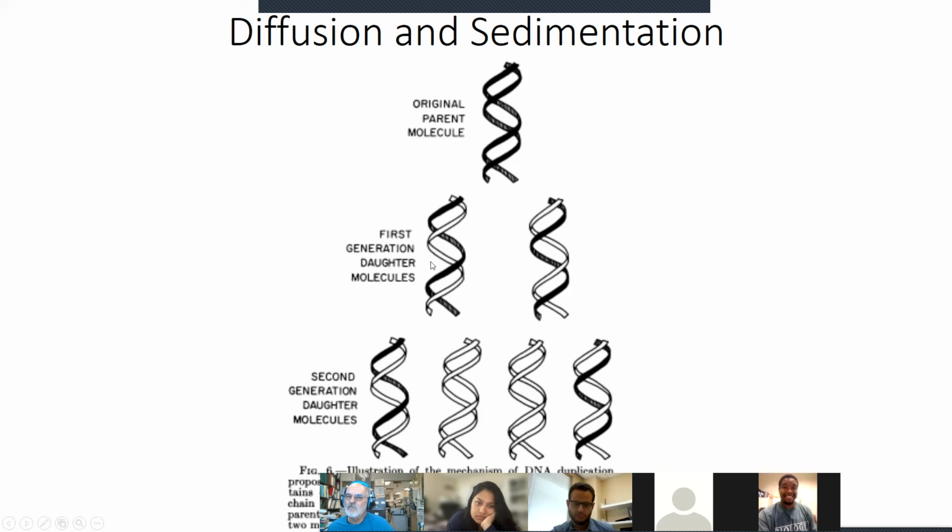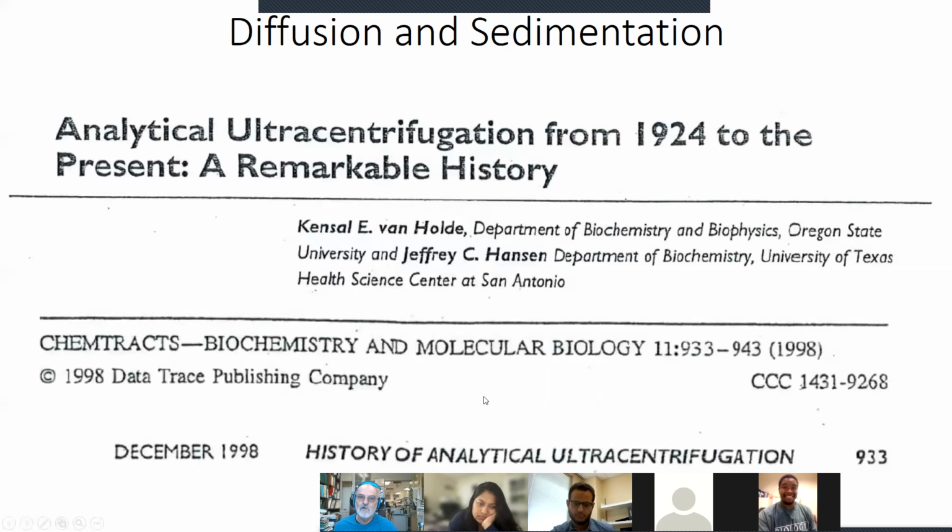And you could fractionate them in the centrifuge in a cesium gradient, and you could see that when you switched from N15 to N14, you suddenly got strands with different densities, different from the N15 strand. And then you got something completely different because now these were all N14, okay?